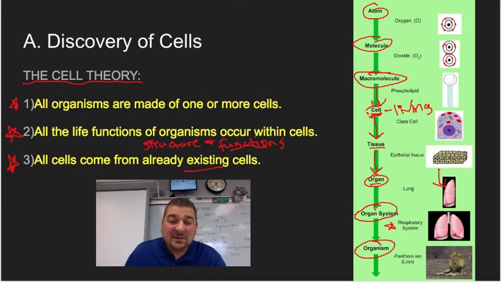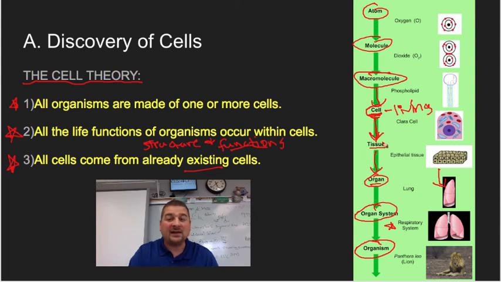Some cells live on their own, but in multicellular organisms, we're something like 76 trillion cells. Those cells all work together in tandem in tissues to make organs and organ systems, and all of that is working together to make this finely tuned organism. Not just animals, but also fungi and plants.